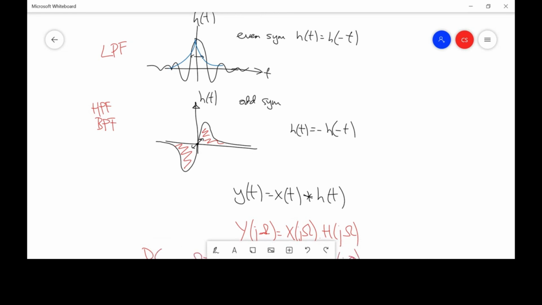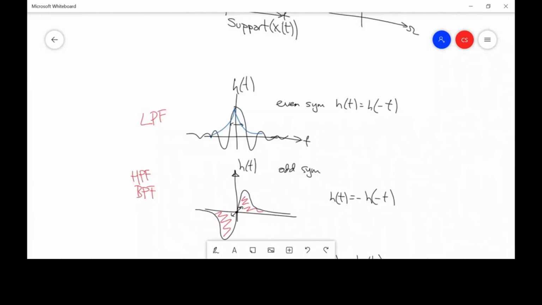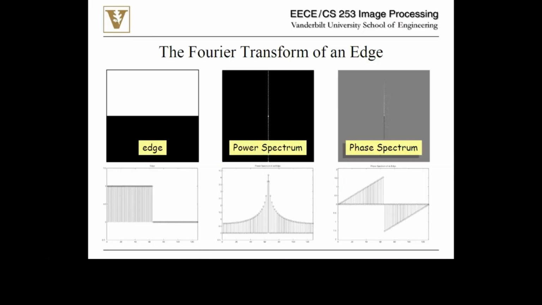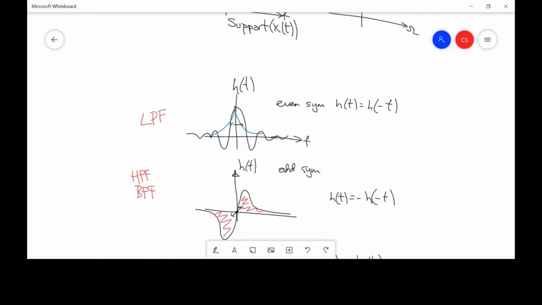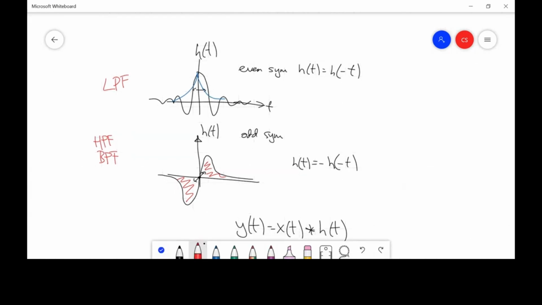Okay, good. Then we were here: linear phases. There is a property of this kind of signals. Only for symmetric ones, the phase of the Fourier transform is a line.